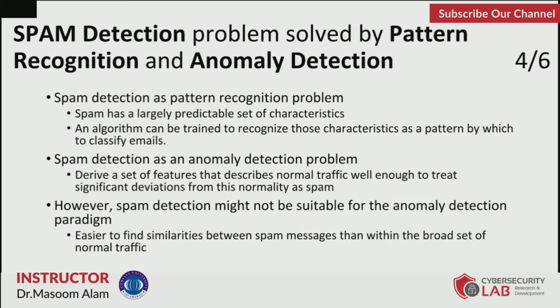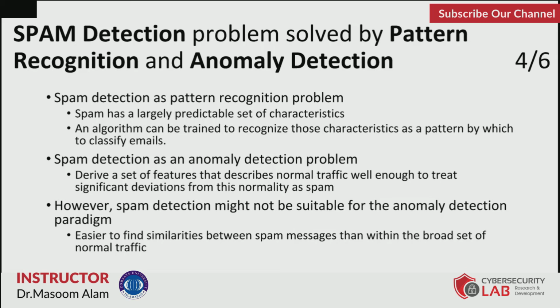Now, spam detection as an anomaly detection problem. We derive a set of features that describe the normal email traffic well enough to treat a significant deviation from this normality as spam. Now, we can model the same problem of spam detection through anomaly detection as well as through pattern recognition.